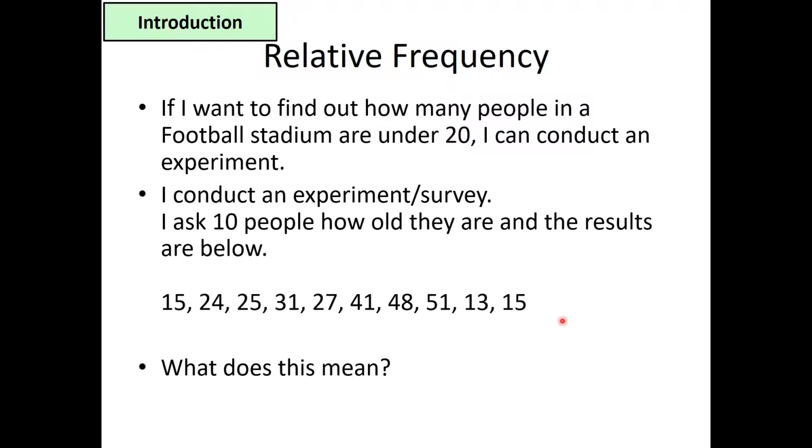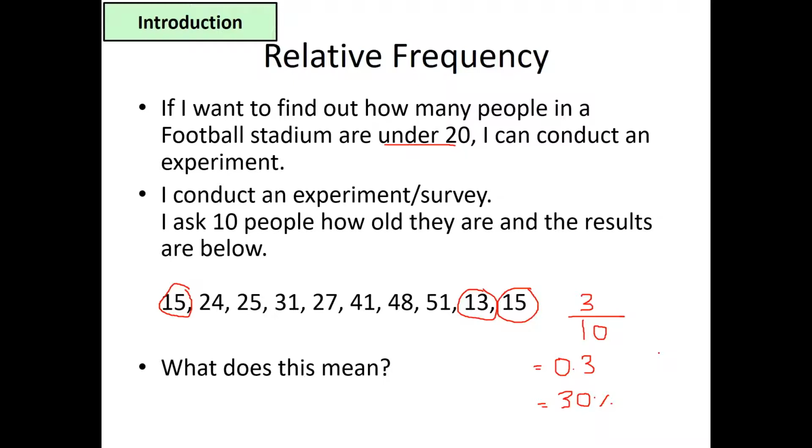What does this mean when it comes to relative frequency? Back to my question, how many of them are under 20? I've got this person under 20, this person under 20, and this person under 20. So 3 out of the 10 are under 20, which is 0.3, or as a percentage, 30%.